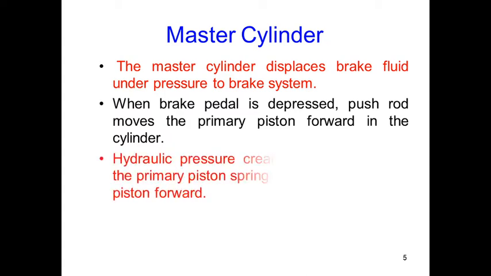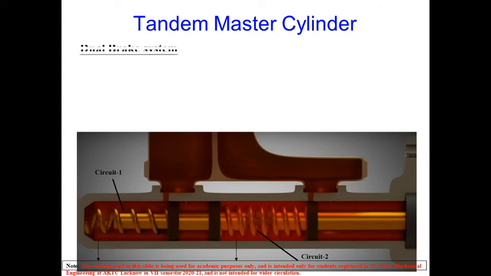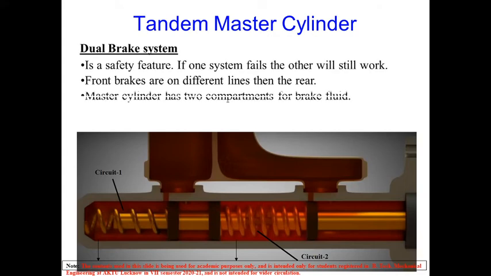Now we are talking about another device, which is known as the tandem master cylinder. Firstly we'll look at this and then summarize the entire process. The tandem master cylinder is basically a safety feature provided in the master cylinder. Why is it provided? If one system fails, the other will still work.